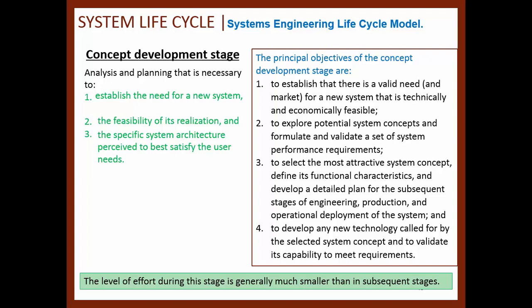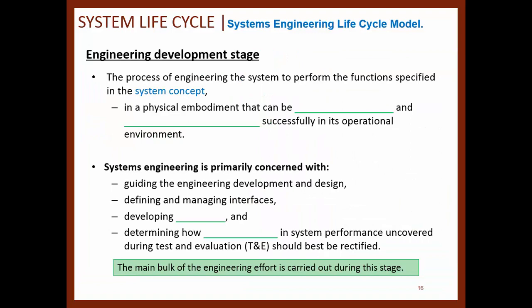So that's what I'm trying to address here, to develop any new technology called by the selective system concept. It is based on the existing system. However, we are using some new technology to achieve that new system. Questions?